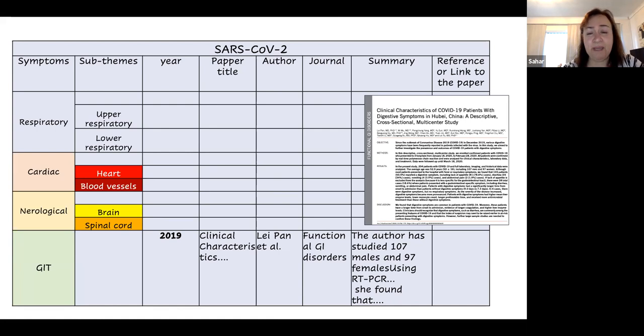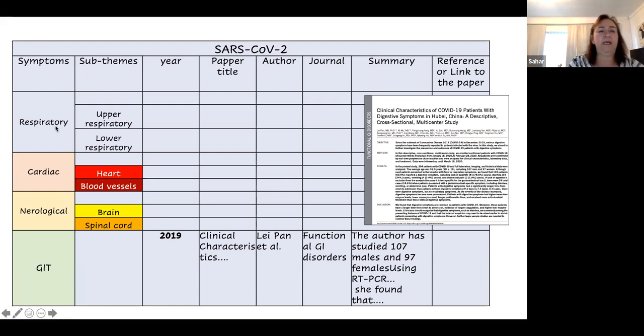So we prepare an Excel file. Suppose you are writing about COVID-19. Many people wrote about COVID-19 in the last two years. Suppose I'm writing about the symptoms of COVID-19. I will have my own way of thinking of how I am going to group these downloaded papers, or my own classification.